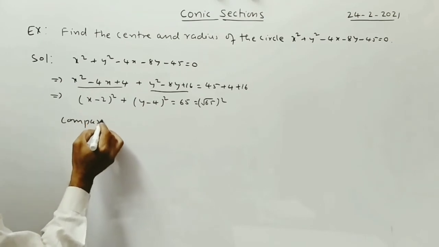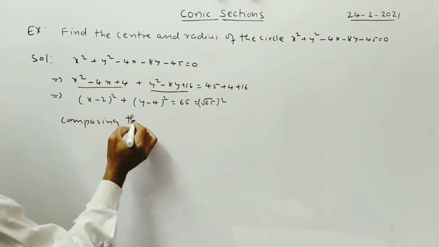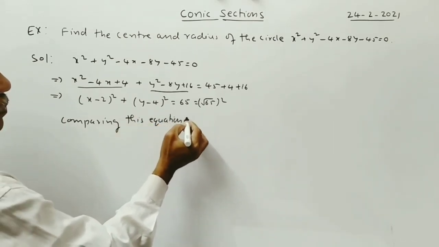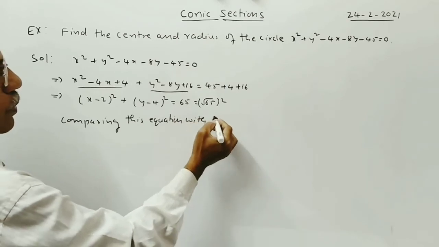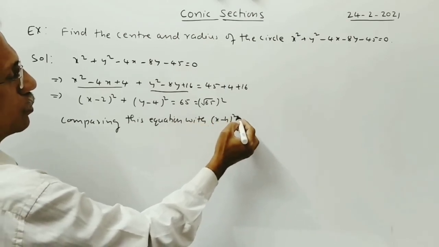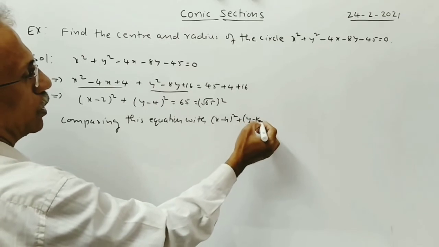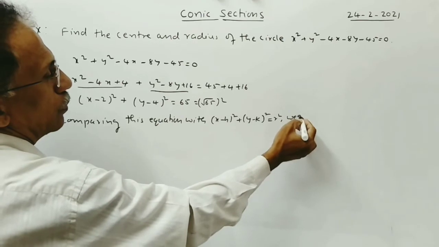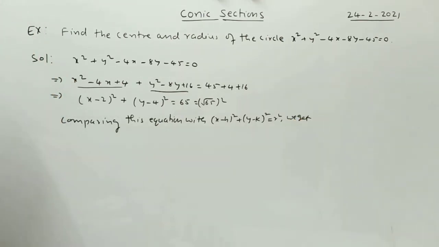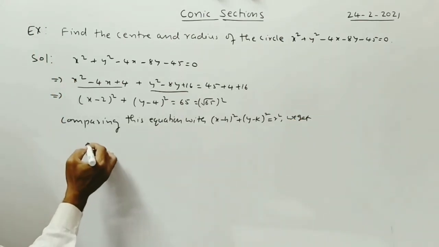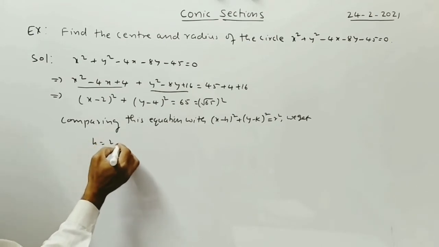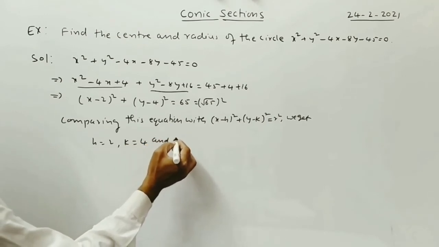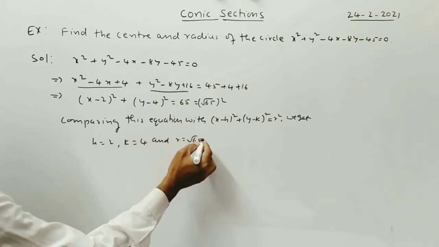Comparing this equation with x minus h whole square plus y minus k whole square is equal to r square, we get h is equal to 2, k is equal to 4 and r is equal to square root of 65.